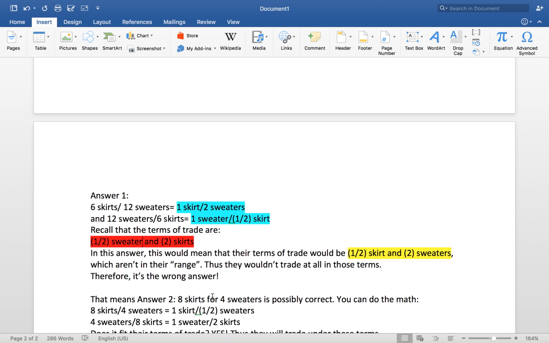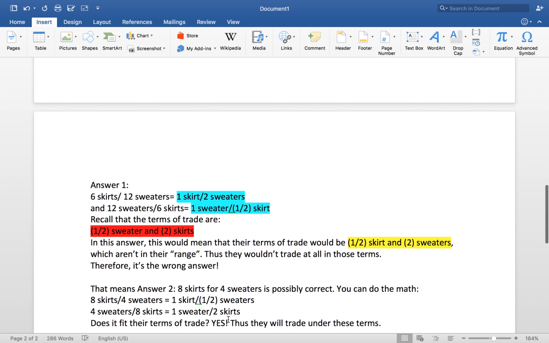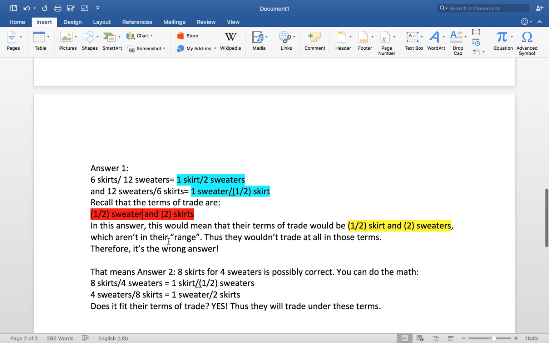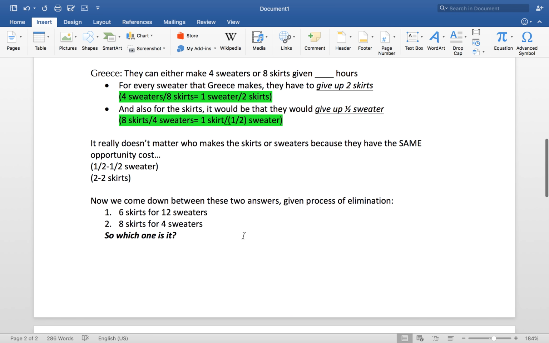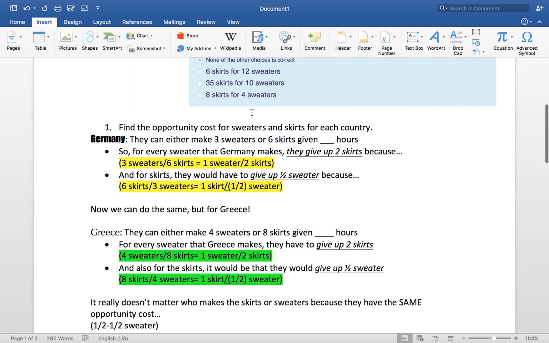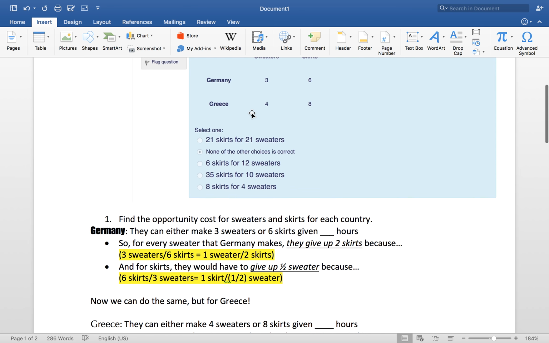It fits, it suits, it satisfies it. Therefore, they will trade under these terms, 8 skirts and 4 sweaters, and thus this is the correct answer. Finding that this is the correct answer and it suits the terms of trade, none of the choices correct is incorrect, and therefore the last answer, 8 skirts for 4 sweaters, is the right answer.